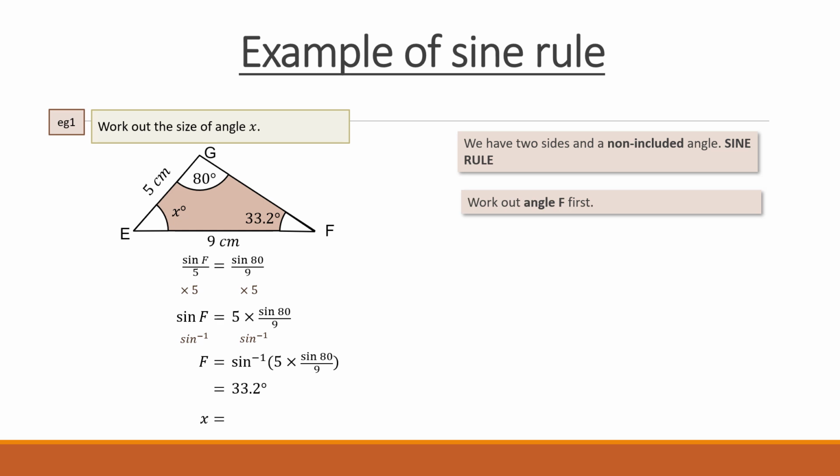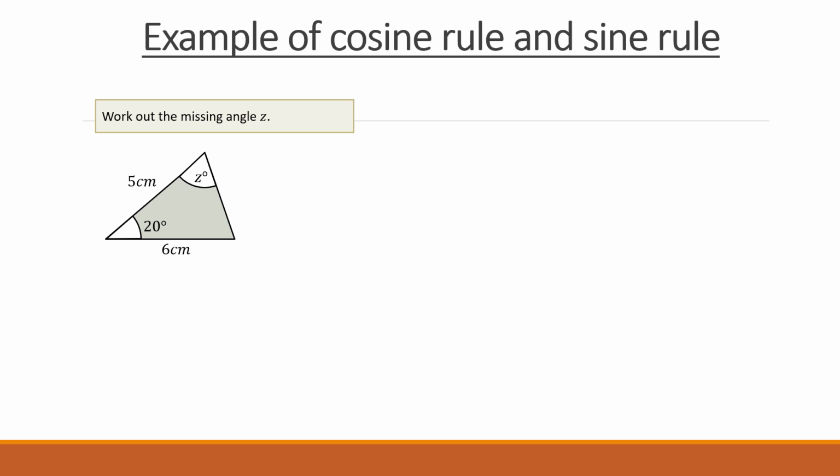You can then work out x by doing 180 minus 80 minus 33.2, because we were trying to work out the other angle. That gives me 66.8 for that question.